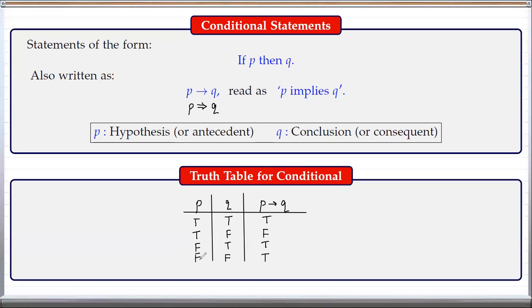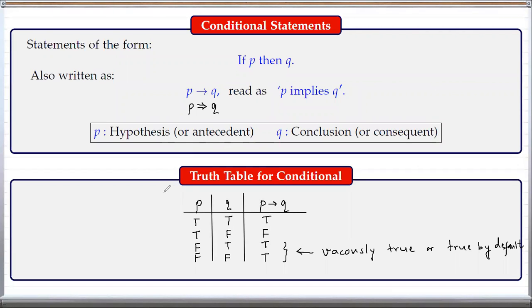Again here, if the hypothesis to start with is false, then no matter what the conclusion is, whether it's true or false, the conditional will be true. So when the hypothesis is false, here we say true by default or vacuously true.